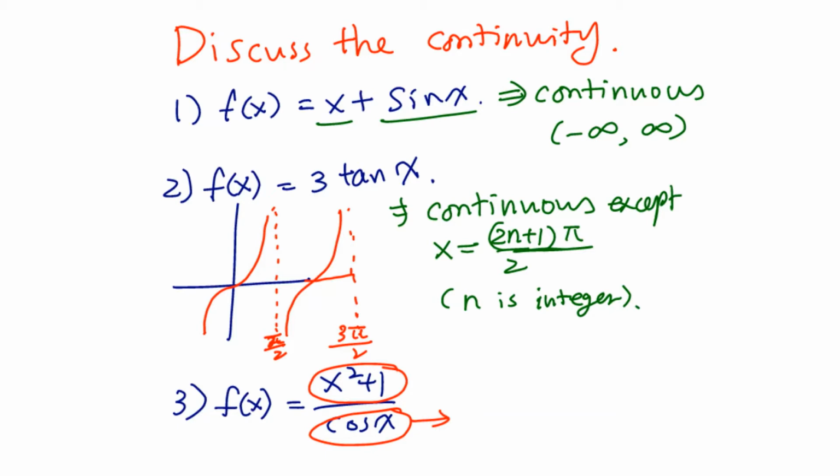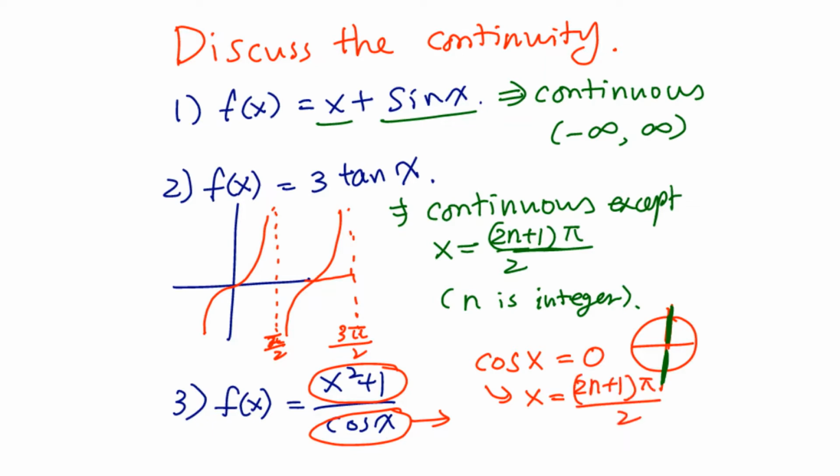So if cosine is 0, what is x? In the unit circle, it is the angle right here and here. So that's an odd number times pi over 2, that is 2n plus 1 times pi over 2, and again n is an integer.